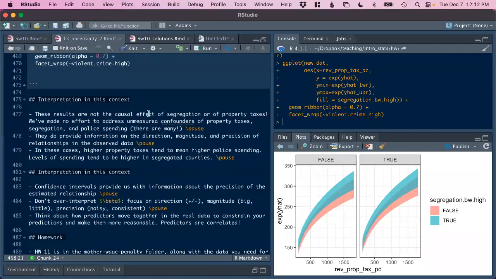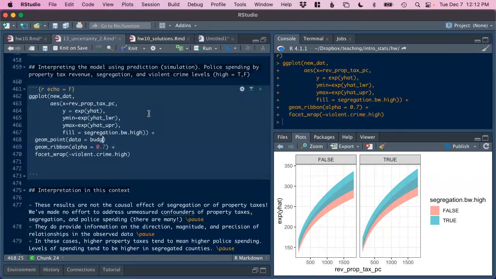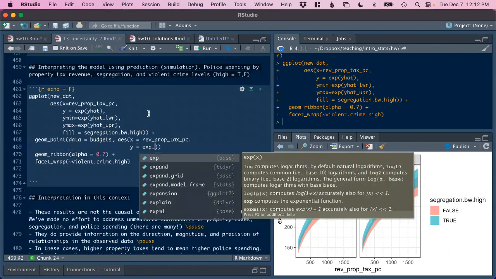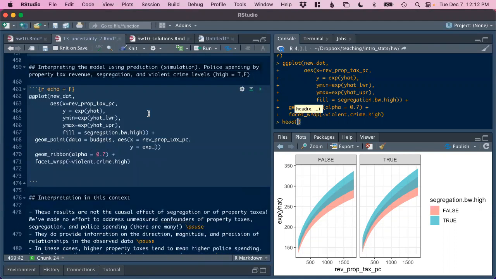Budgets. And then we're going to add in a scatter plot with the observed data here. Sorry, got to remind myself what these are called.